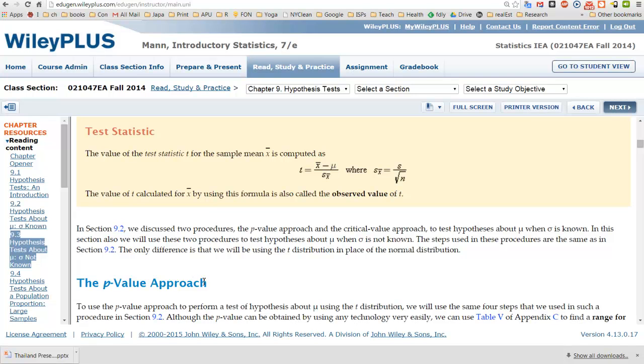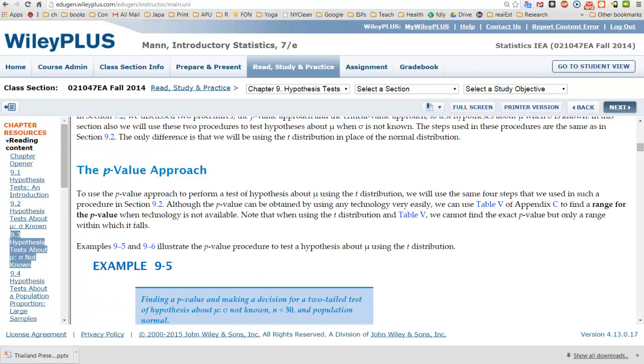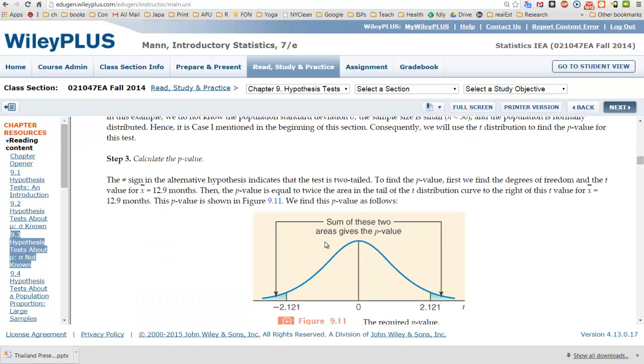Now there's another approach called the p-value approach. All that means is we still calculate the test statistic t, and maybe it turns out to be 2.121. Is that in the rejection region or not? Well, that's one question you can ask.